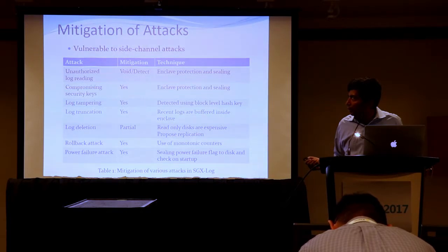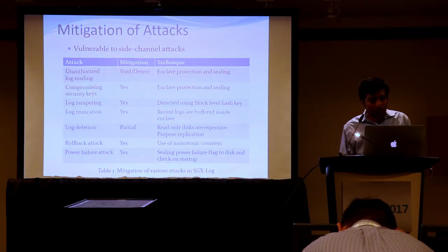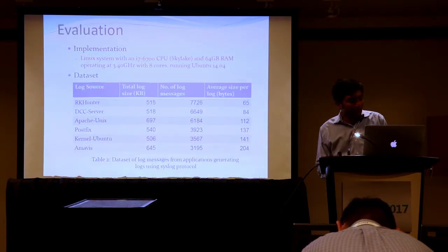Unauthorized log reading is avoided because it runs in an enclave. Compromising the security key is not possible due to the enclave protection. Log tampering is not possible due to the implemented block-level hash key chain. Log deletion is also not possible. On the other hand, this is vulnerable to side-channel attacks.